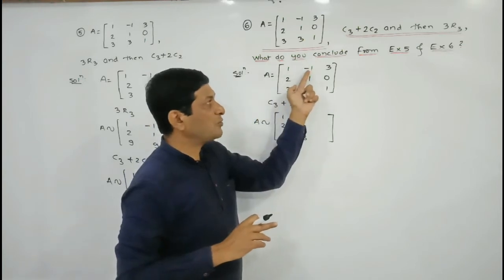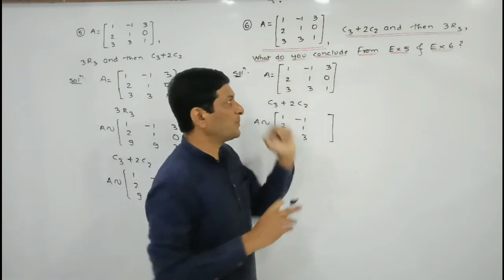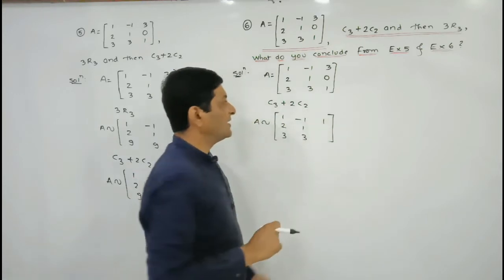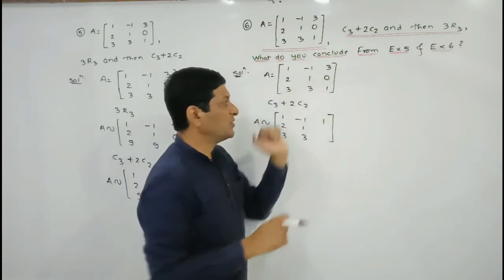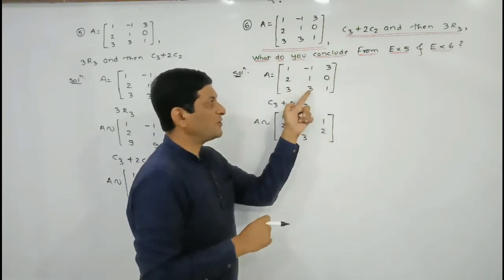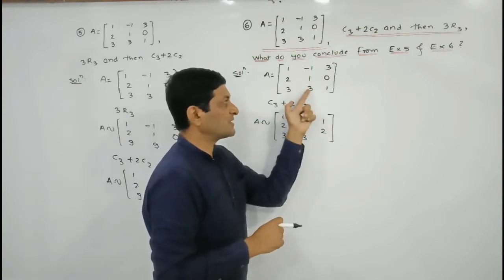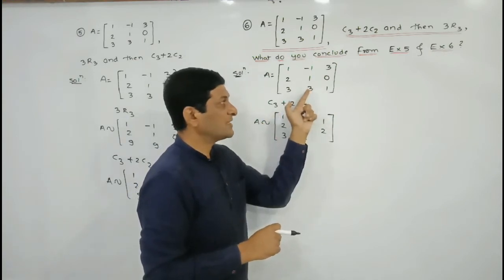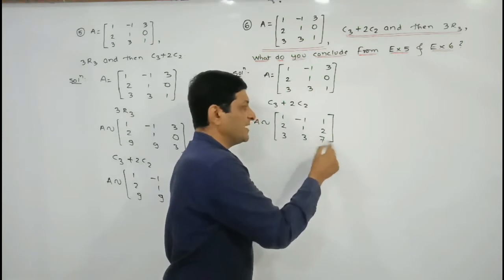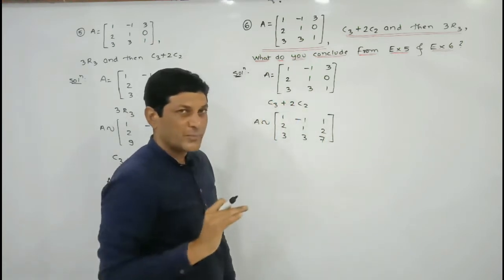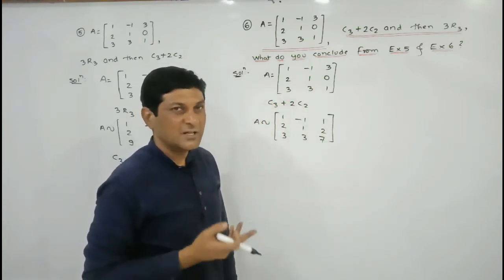So multiply by 2, we get minus 2 plus 3 equals 1. Then 2 plus 0 equals 2. Then 6 plus 1 is 7. In this way we have performed this operation on the elements of the third column.